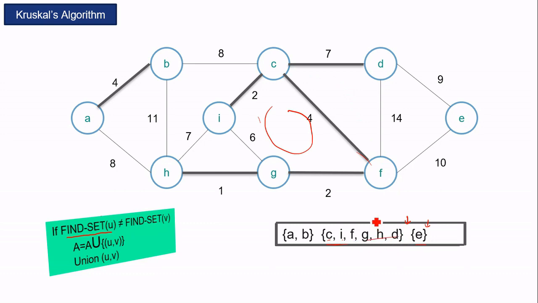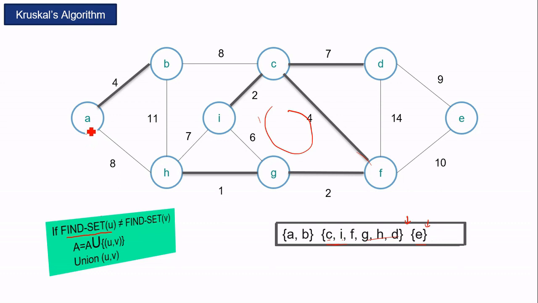Now after this the edge having minimum weight is edge AH. Its weight is 8 only, and edge BC also has the same weight. Here I am choosing the edge AH, because BC you can also choose, there is no issue, but I am choosing AH.